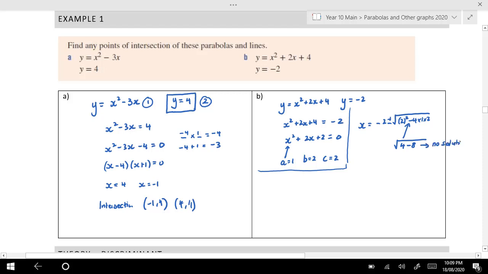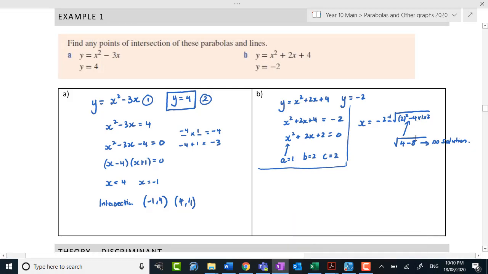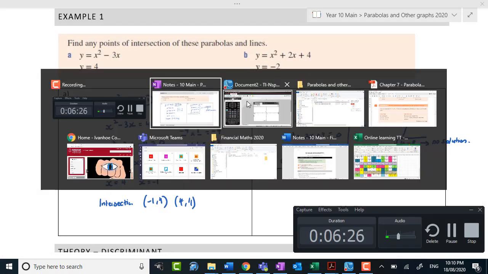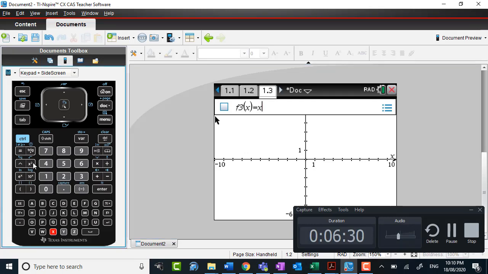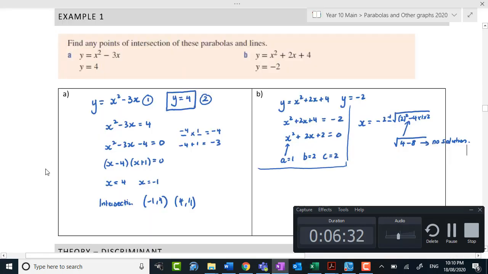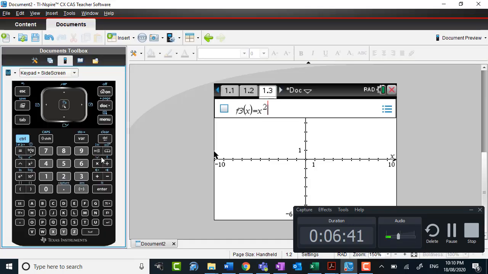Let's see if we can sketch it on the CAS and have a look. So we've got the graph. We've got x squared plus 2x plus 4. Actually, yep, that's right. Let's sketch that, so let's show why we're having issues.